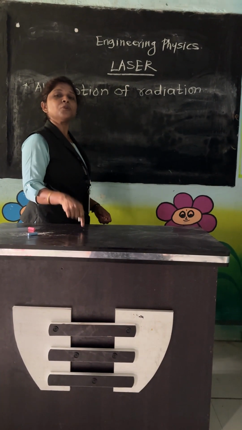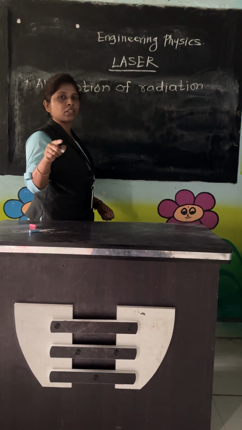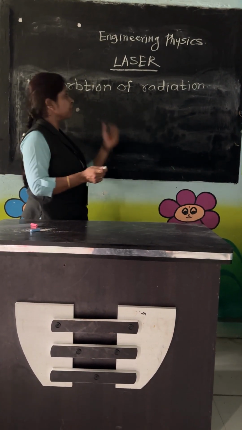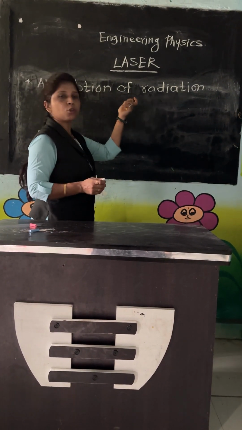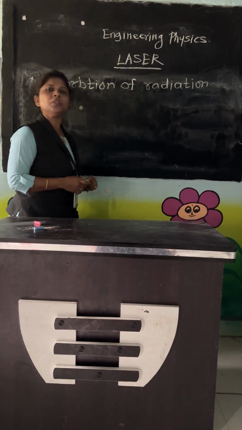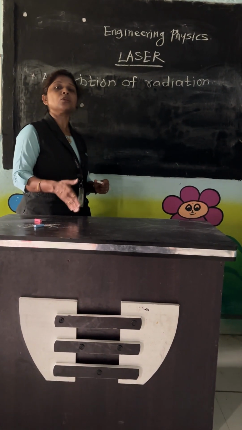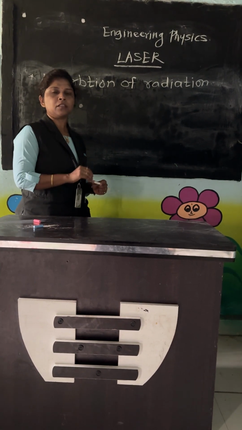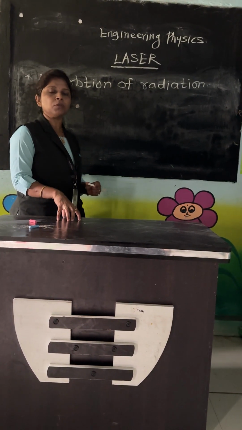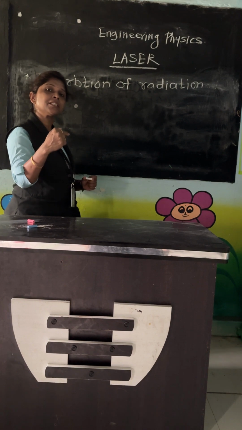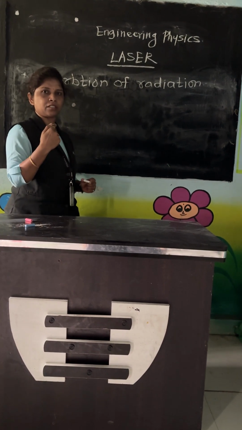So, it is necessary to see the meaning of emission of radiation. Before that, let's see the meaning of absorption of radiation. Actually, absorption of radiation is the term in which transition of an atom takes place, from lower energy state to higher energy state.